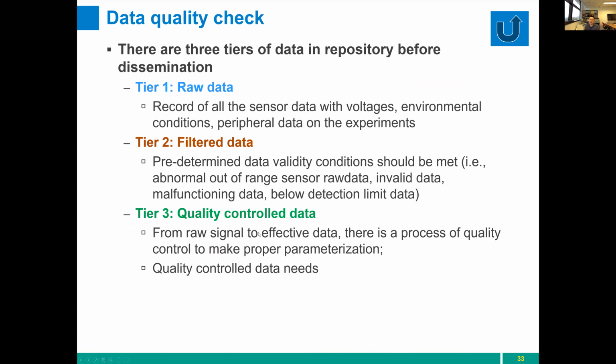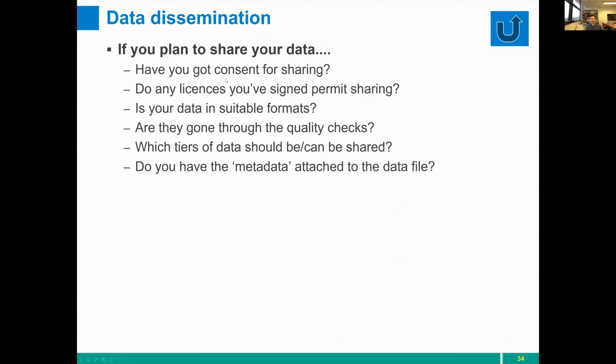The last point about the key steps is data dissemination. I have only one slide, so I will quickly read through it. If you plan to share your data in the end, have you got the consent for sharing? The consent will be from your upper management or from your funder.